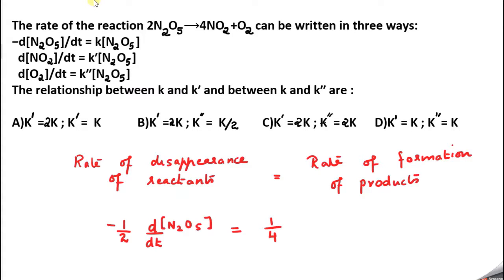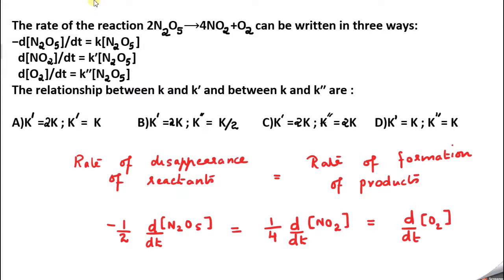You need to take the coefficient of NO2 and keep it in the denominator. I have taught you. d by dt, this will become positive. Why? Because the products are always forming, so it is represented by positive symbol. d by dt of NO2, correct, which is equal to, we know that formation of two products are there, so d by dt of O2, correct.